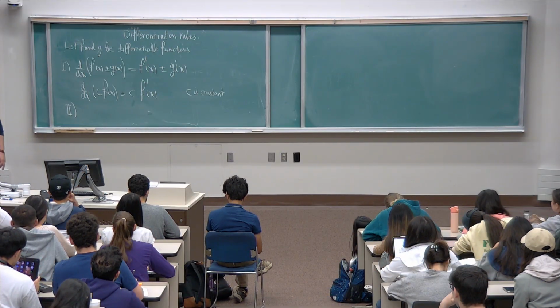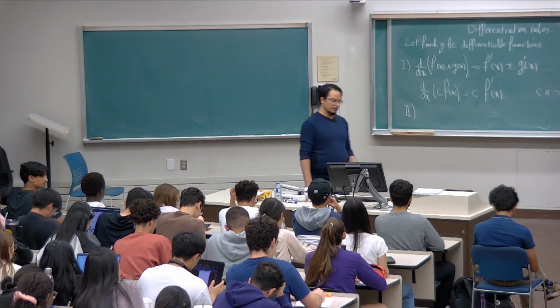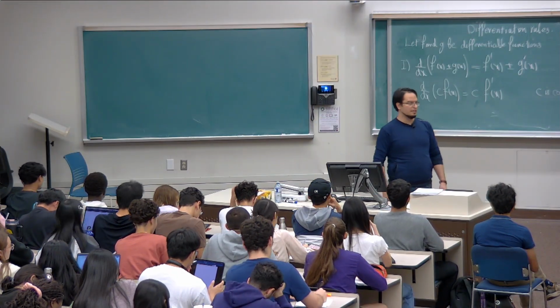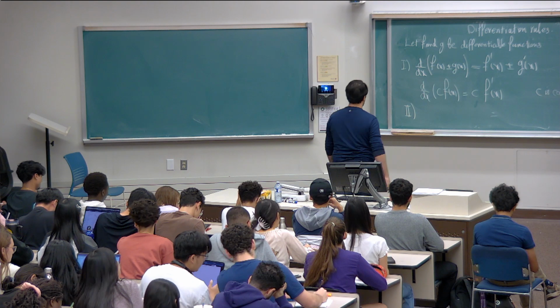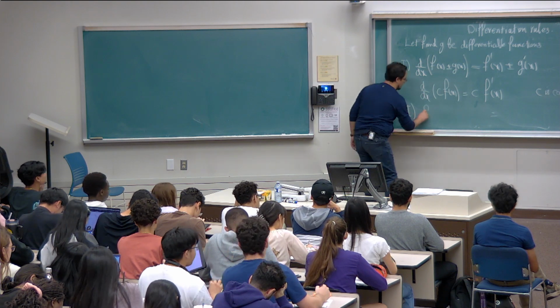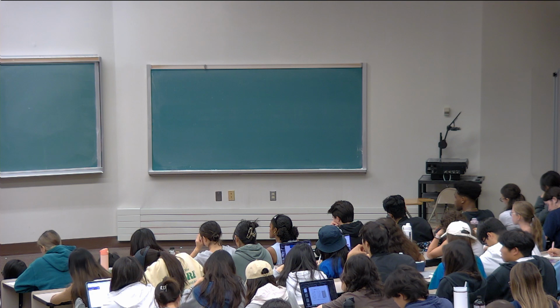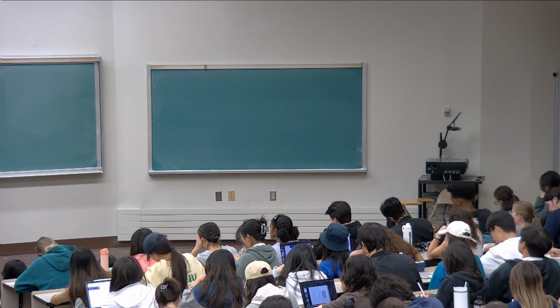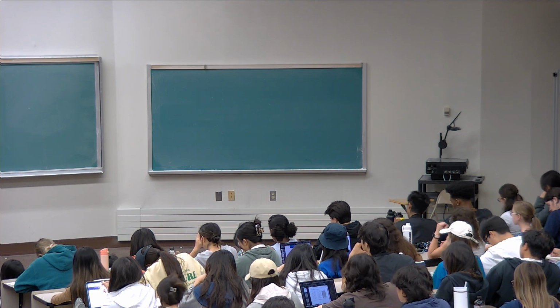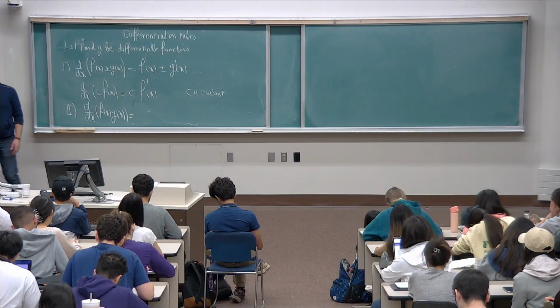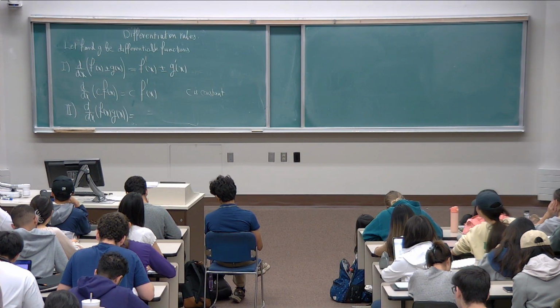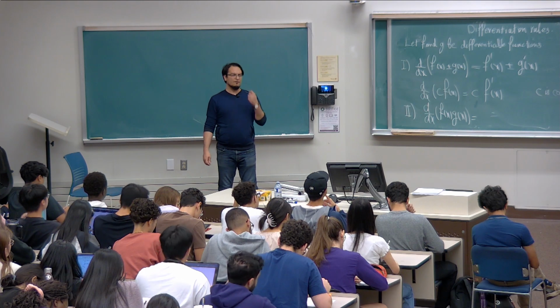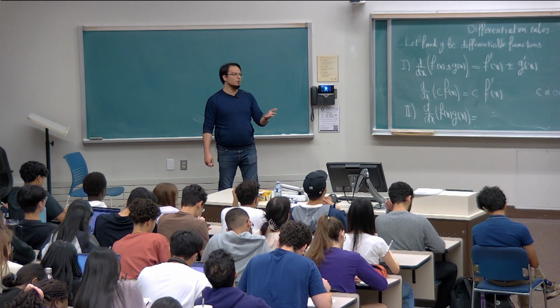The second thing, the other operation that we are interested in knowing the differentiation rule for, is the product. Is the product of two functions differentiable? The answer is yes. Then what is the rule of differentiation?